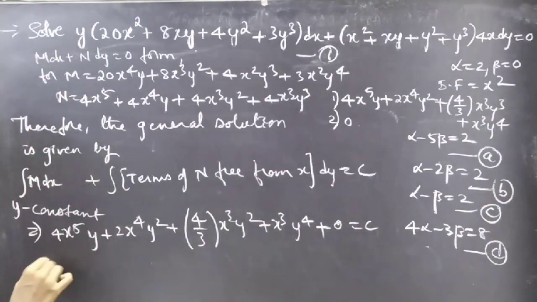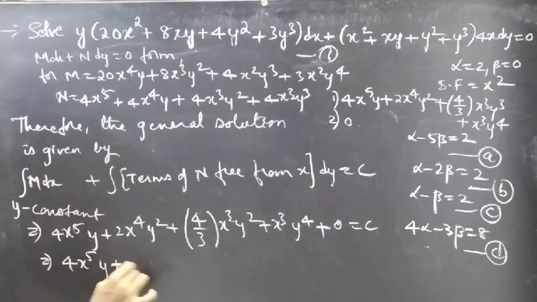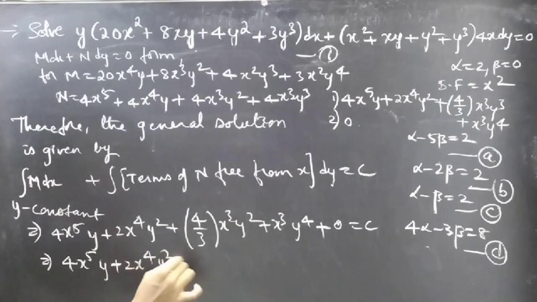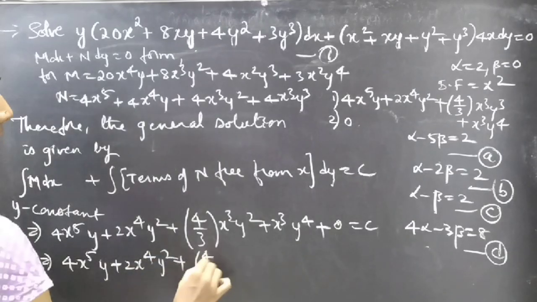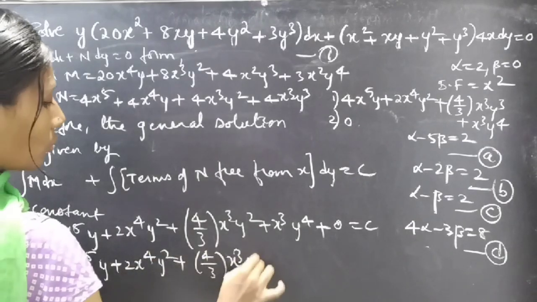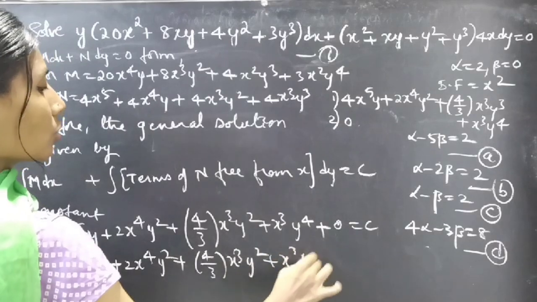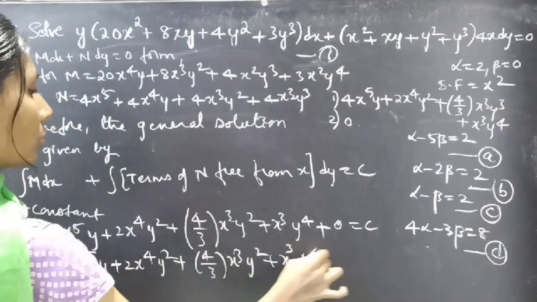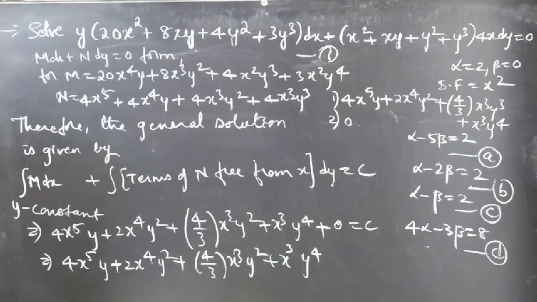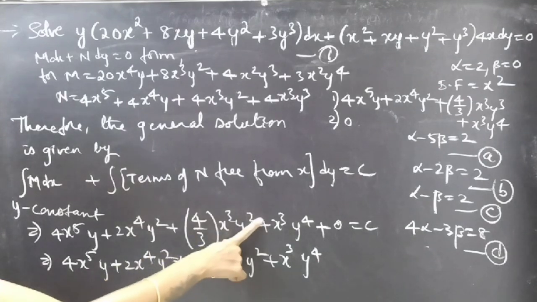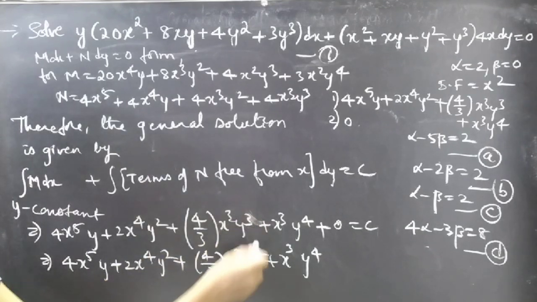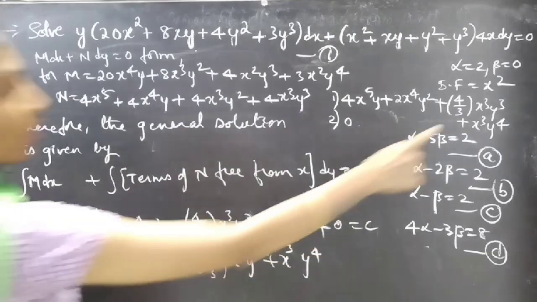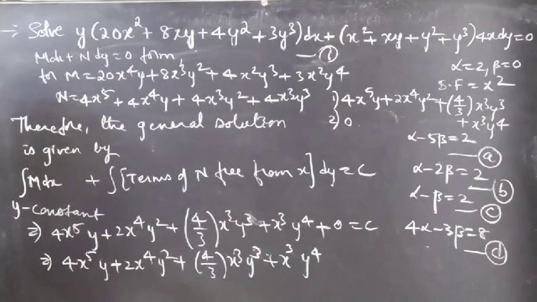which gives us 4x power 5 y plus 2x power 4 y square plus 4 by 3 x cube y square plus x cube y power 4. It is cube, okay, not square, sorry. See, we have cube here, equal to c.